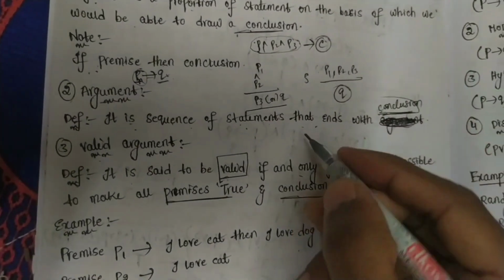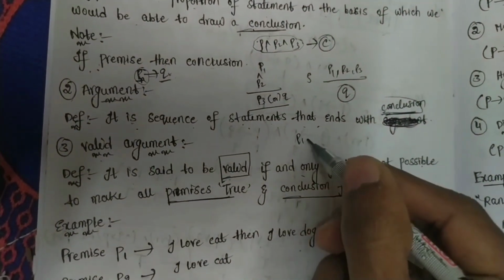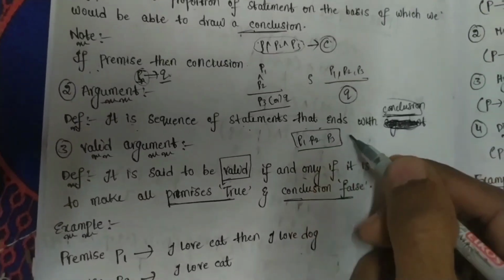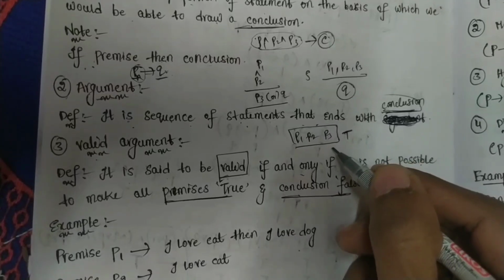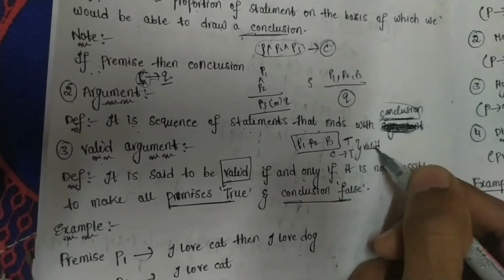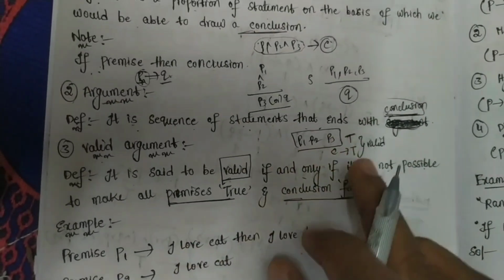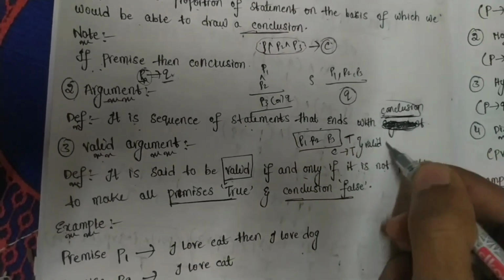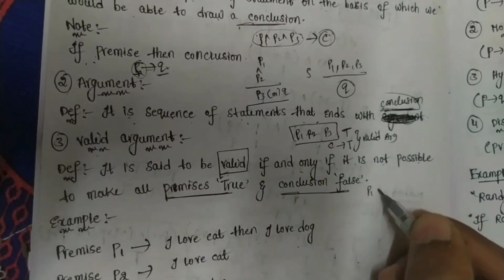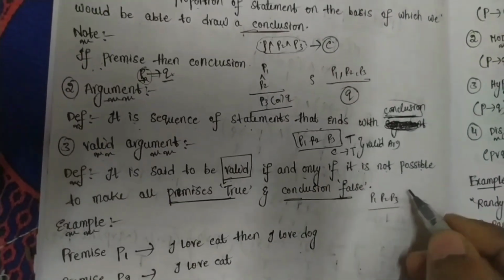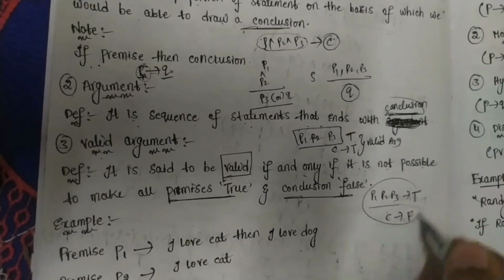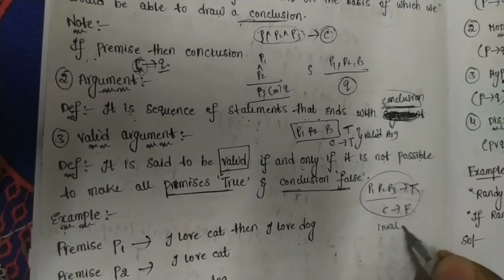That means if P1, P2 and P3 are all true, and the conclusion is true, then it is called a valid argument. If the premises P1, P2, P3 are true and the conclusion is false, then it is called an invalid argument.